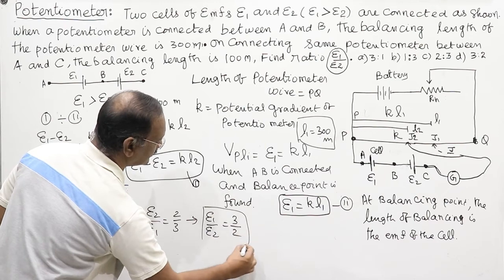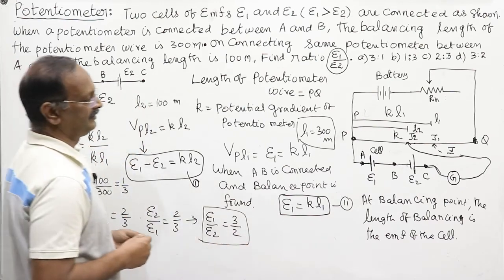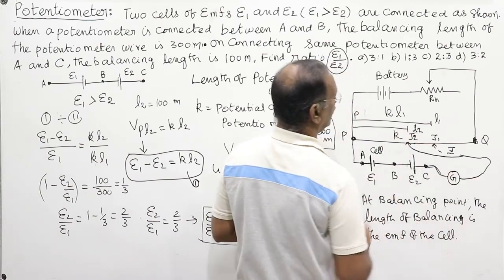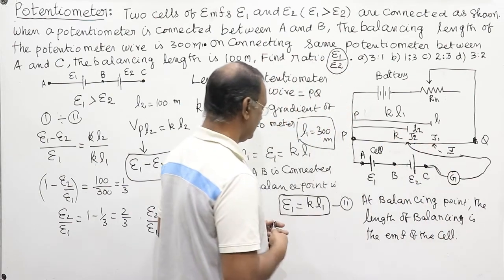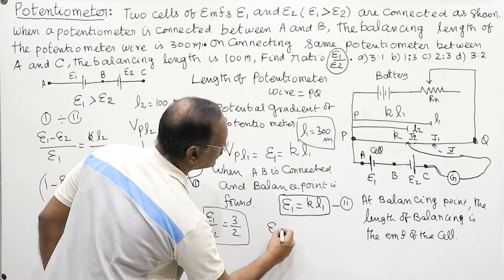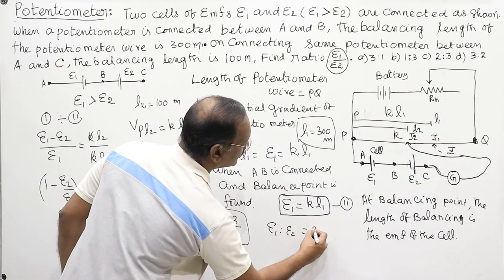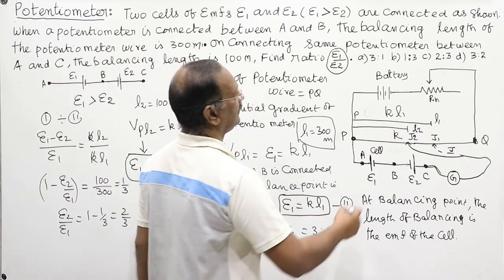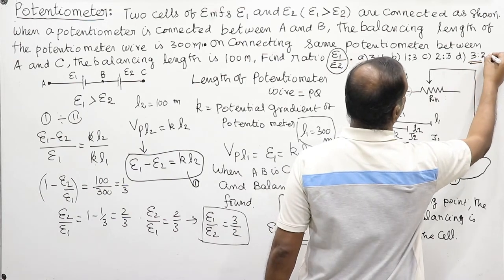This is the result. First we connect through this one, then we connect both and obtain the balancing condition. So the ratio E1 is to E2 is equal to 3 is to 2. This is the answer. The answer is 3 is to 2. Answer D is the right one.